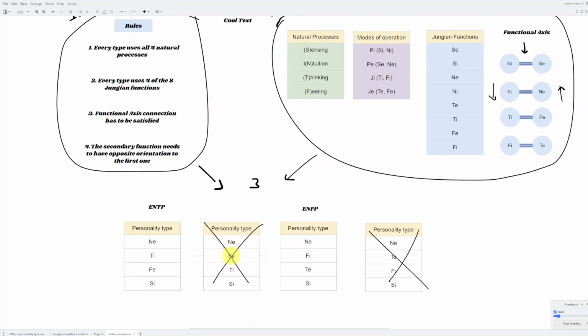So why do we not have two functions with the same orientation? Well, I think the reason is that our psychology has evolved in such a way that we need to be balanced. Imagine that this is the perception axis, because both functions are perception, and this is the judgment axis. We have feeling and thinking.